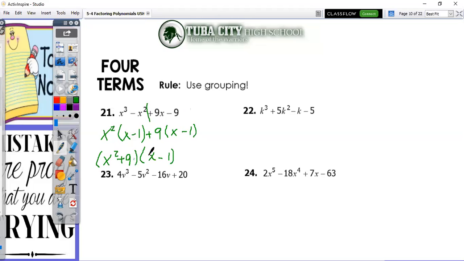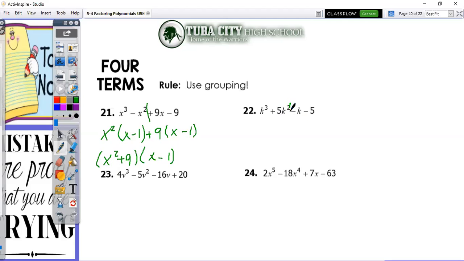And again, always look at these and make sure there's nothing else you can do. Can I do anything with this? The answer is no, because there is no such thing as the sum of squares. Only difference in squares, difference of cubes, and sum of cubes. Those are the only 3 that are really special cases. So that's as far as we can go with that one.